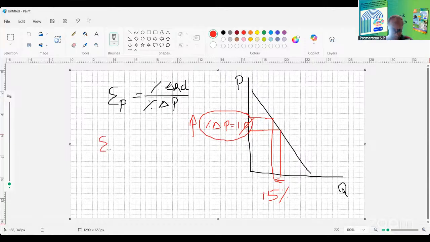With that you can very easily get the price elasticity: 15% divided by 10%. Anyone can get that from the market or from newsletters, the percentage change in price and quantity. With that you can easily measure the price elasticity, which in this case is 1.5.